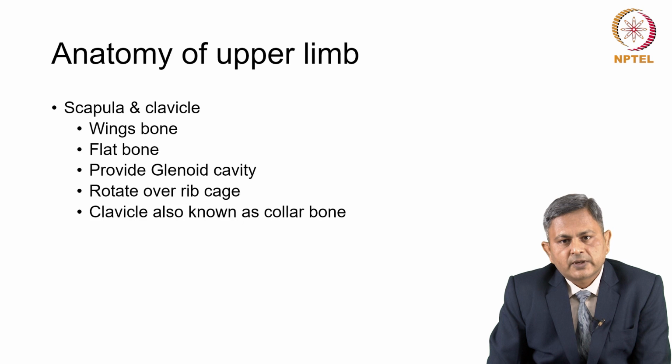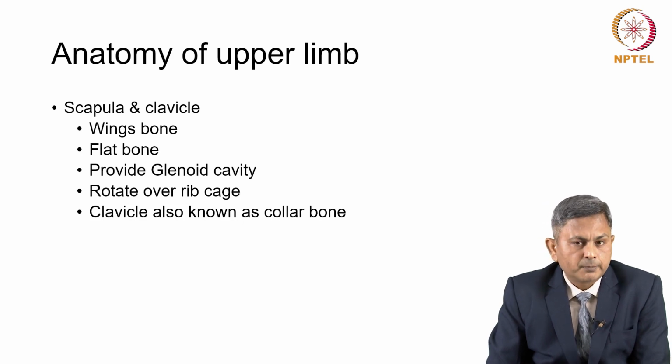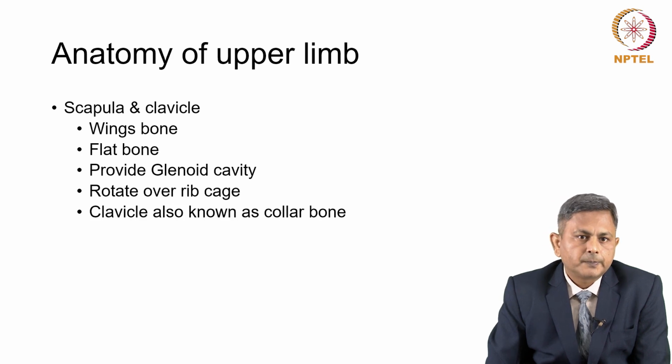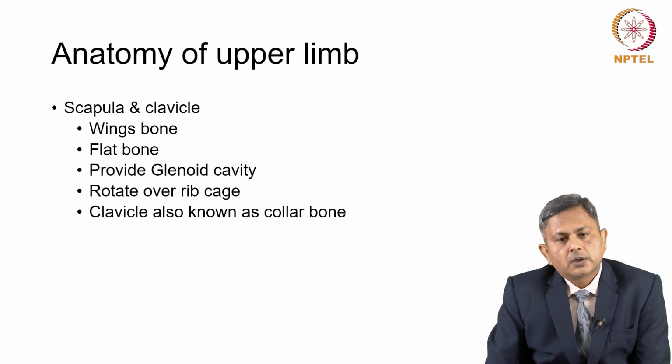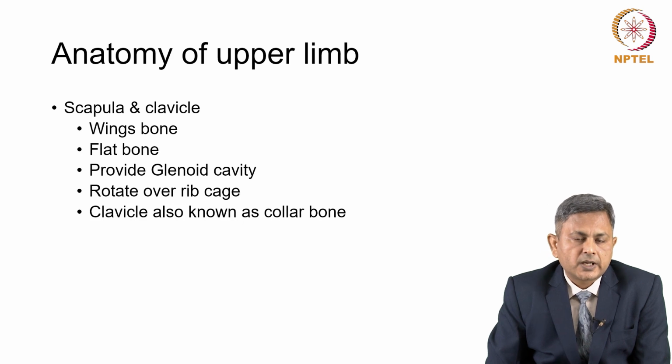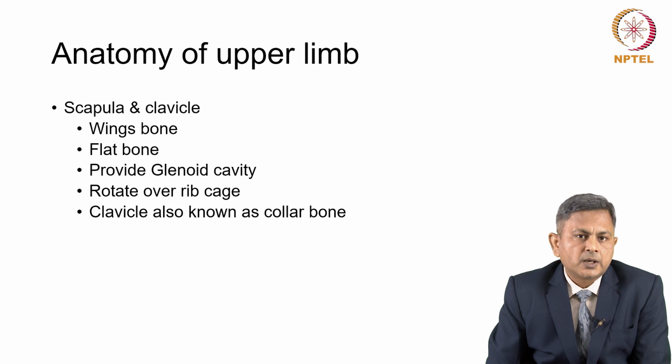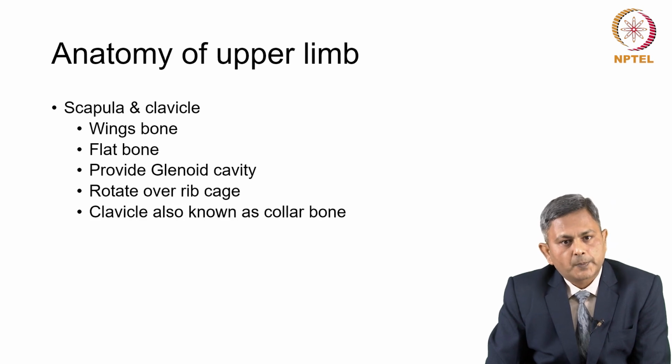In this, first we will learn the bony anatomy of the upper limb and the musculature anatomy of the various muscles of the upper limb. Upper limb, as we all are aware, is made up of arm, forearm, fingers.